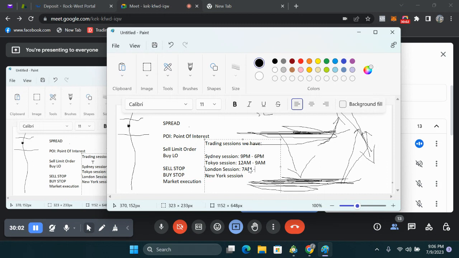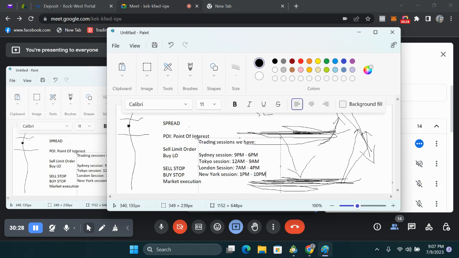All right, 7 a.m. to 4 p.m., where you can see good opportunities to trade actually. And the New York session opens by 1 p.m. to 10 p.m. So these are the sessions in the forex market.